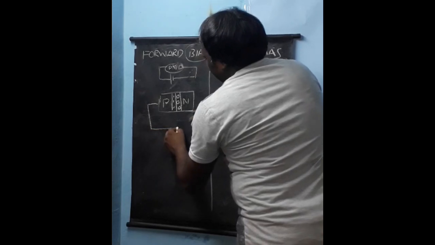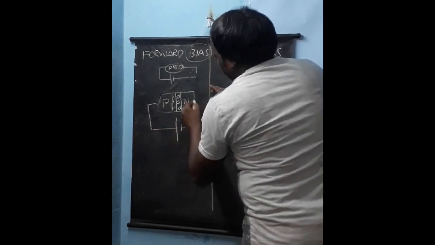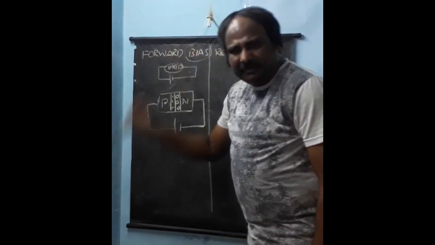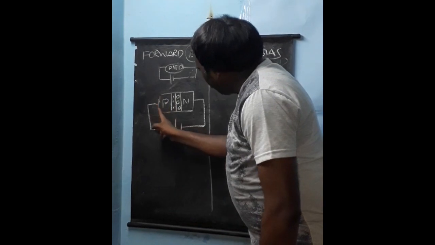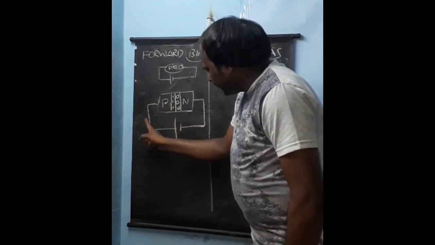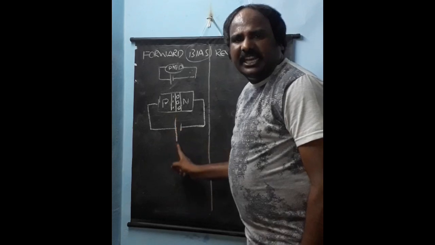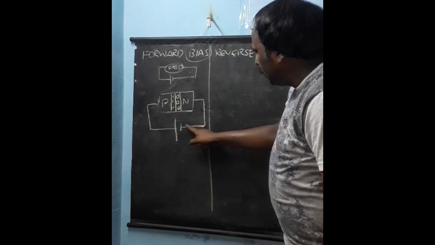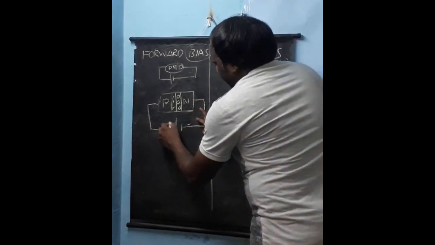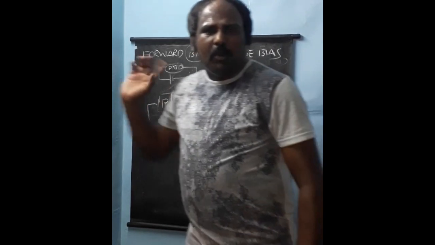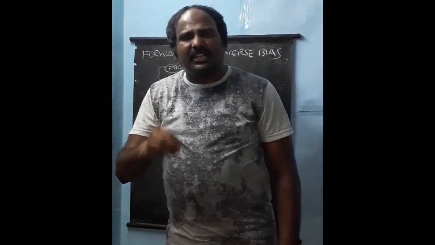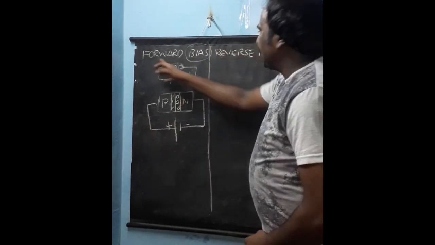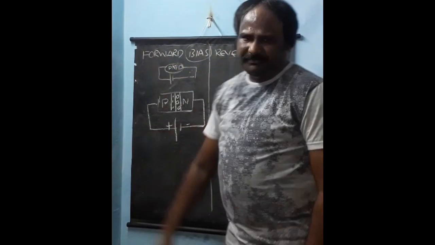Such a PN junction diode is connected to a battery. When the P type is connected to the positive terminal of the battery and the N type is connected to the negative terminal, then the PN junction diode is said to be in forward bias.